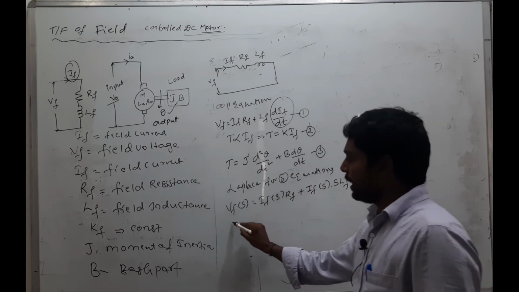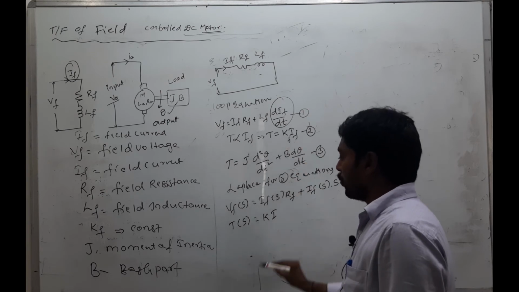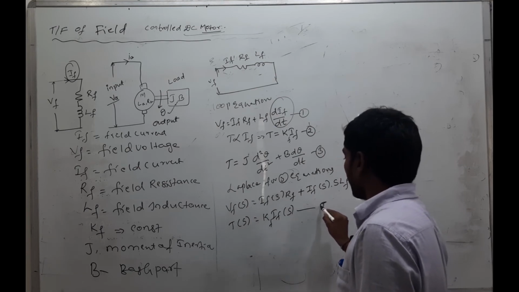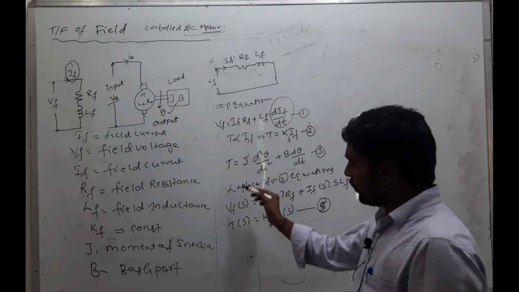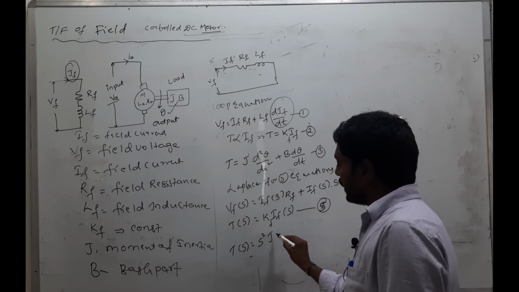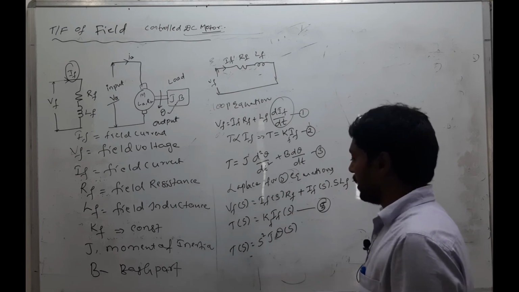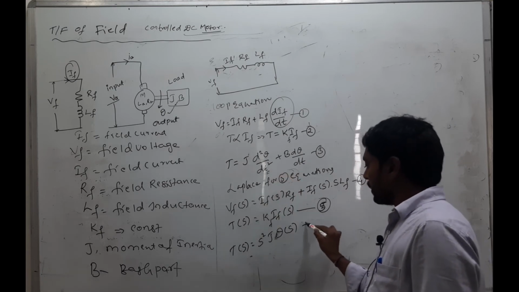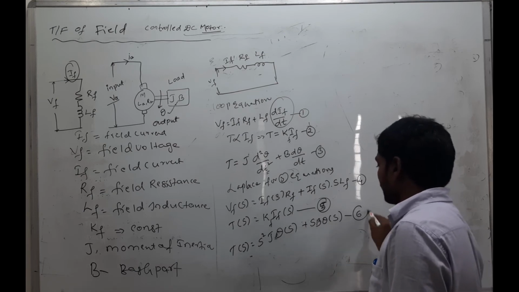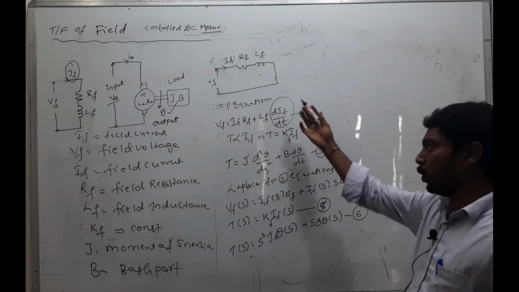Similarly, T of S is equal to KF into IF of S, equation number 5. Next, the third one: T of S is equal to S square J theta of S, the second order term, plus S into B into theta of S. Equation number 6. Equations 4, 5, 6 are the Laplace of equations 1, 2, 3.